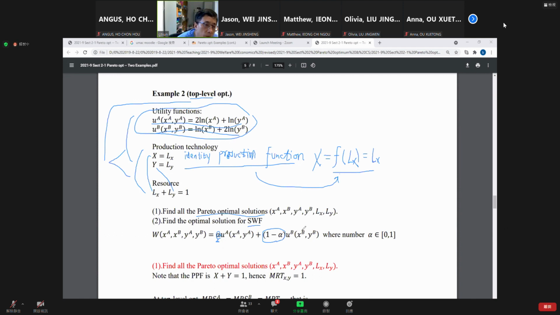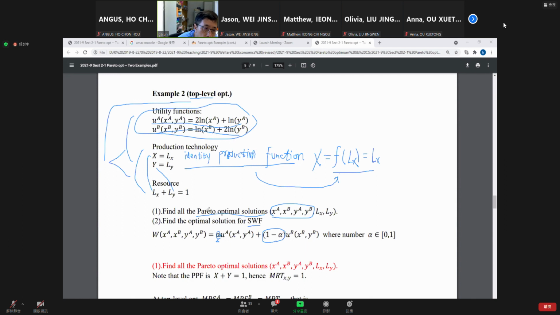And now, those are the two problems we are facing. One, in general, what's the Pareto optimal solution? But here, we must be a little bit careful. When we talk about the exchange optimal, the solution is only about how much of what is given to whom. Nothing to do with production. But now we are dealing with the top level.